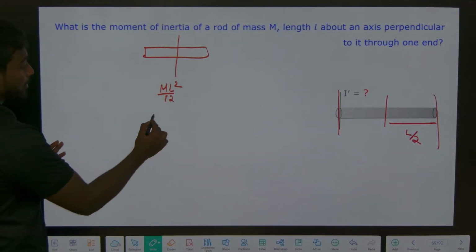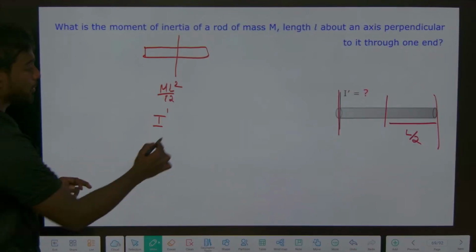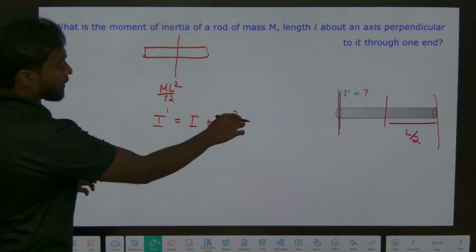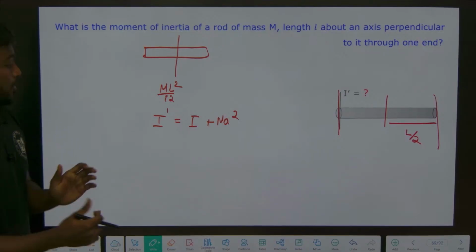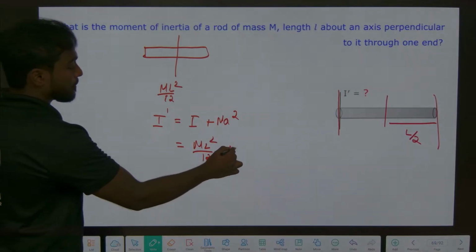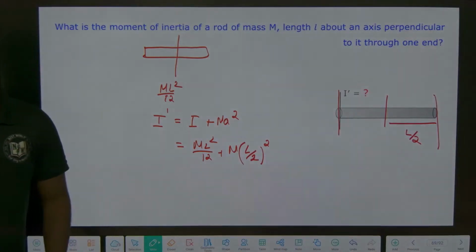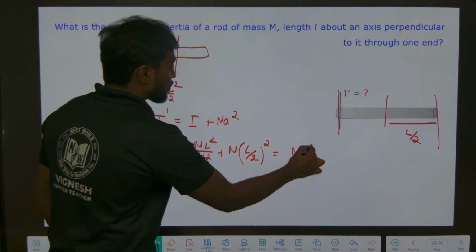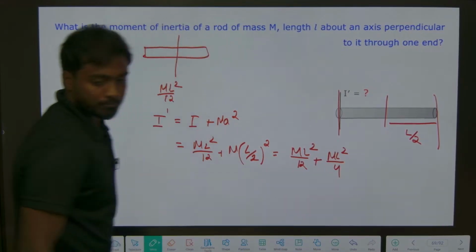So what is the formula? The new moment of inertia equals the old moment of inertia plus M A squared, where A is the distance between the parallel axes. So ML squared by 12 plus M times L by 2 the whole squared, which equals ML squared by 12 plus ML squared by 4.